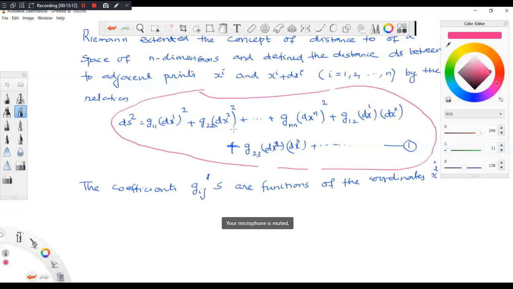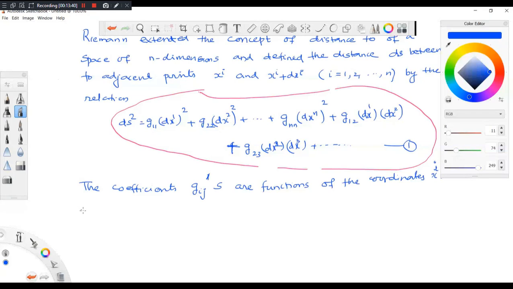Now, if you want to come to the Euclidean metric, what is the main difference? g12 should be 0, g23 should be 0, g11 should be 1, g22 should be 1, gnn should be 1. Then you will get dx1 square plus dx2 square plus dxn square. That is the Euclidean metric, and the coefficients are 1. Okay, so that's the difference. The expression 1 is a quadratic form.